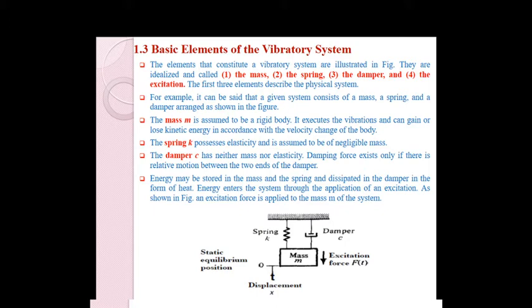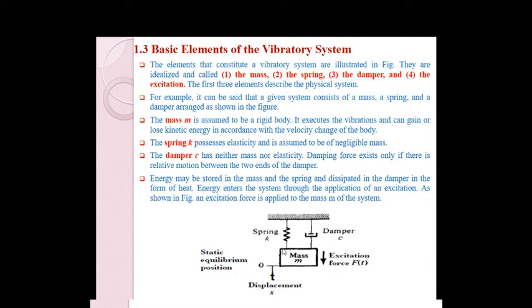So what is the function that these three elements in a vibratory system have to perform? And what is the purpose of showing the vibratory system like this? As in the previous lectures, we have discussed that oscillation or vibration is nothing but the exchange of energy.